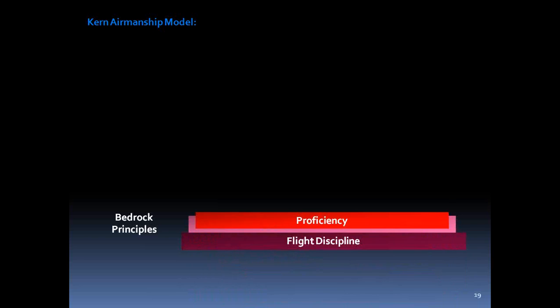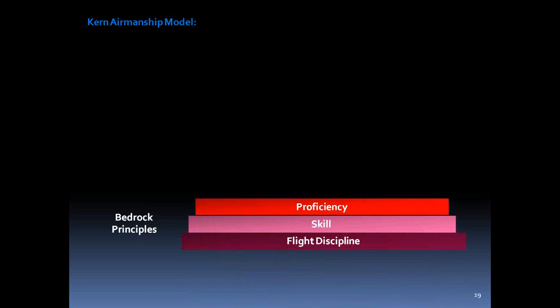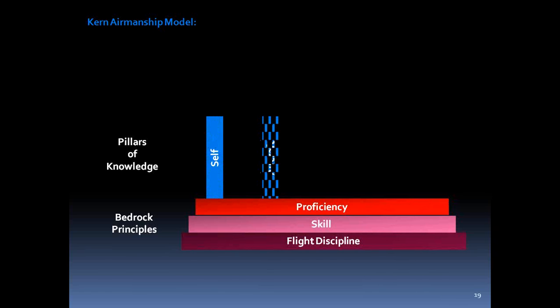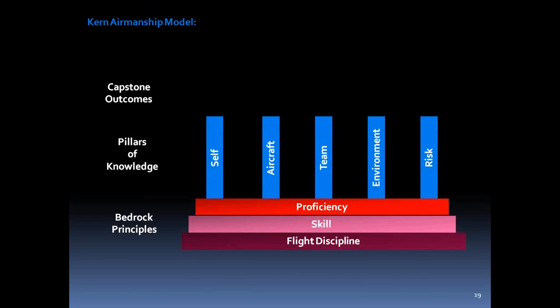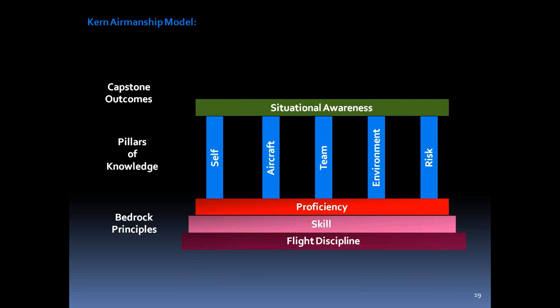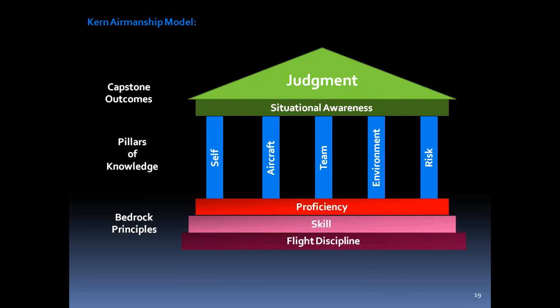In the Kern Airmanship model, we have three bedrock principles: flight discipline, skill, and proficiency. And upon those three bedrock principles sit the 5 pillars of knowledge: self, knowledge of aircraft, team, knowledge of environment, and knowing our risks. And then upon those 5 pillars of knowledge rest the capstone outcomes of situational awareness and judgment. Let me say that again, but a little different way.